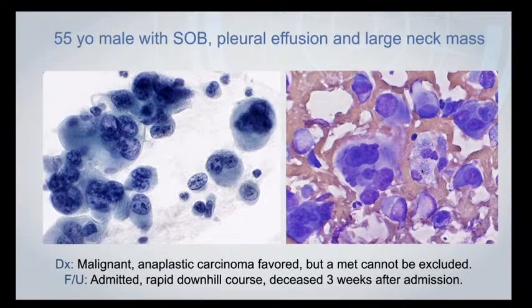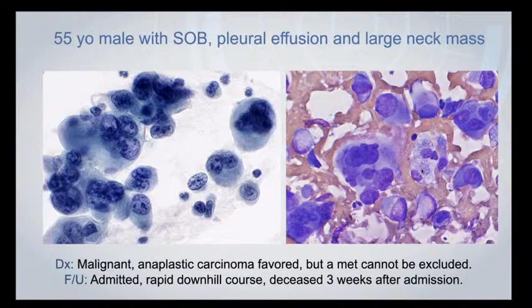Now, typically the problem with an anaplastic carcinoma is it's difficult morphologically to distinguish it from just a very poorly differentiated metastasis from an occult site elsewhere. We'll do immunostains if we have a good cell block. And the most useful stain here is PAX8, because most anaplastic thyroid carcinomas do stain for PAX8, but I think you all know that PAX8 can also stain other tumors like renal cell carcinoma and Mullerian cancers.